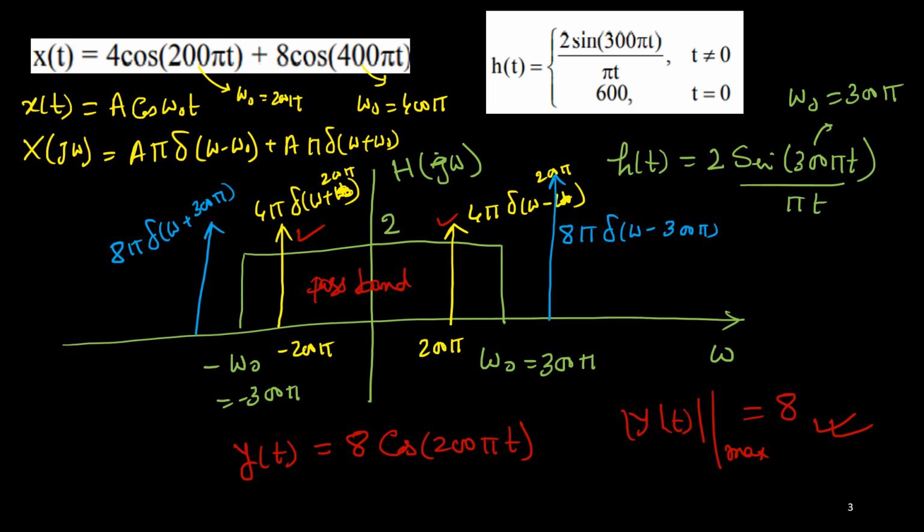So 8 will be the maximum amplitude of this output. If we use this as the input signal to this system and get the output y(t) here, and that output is 8 cos 200 pi t, its maximum amplitude is 8, so the maximum or absolute value is 8.